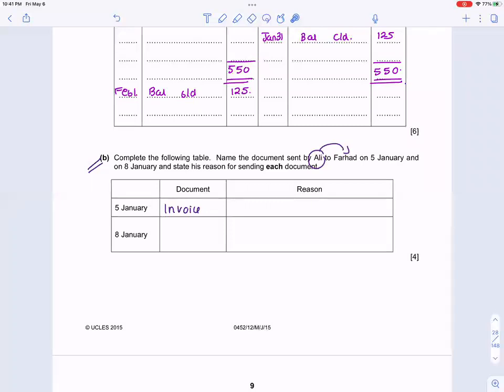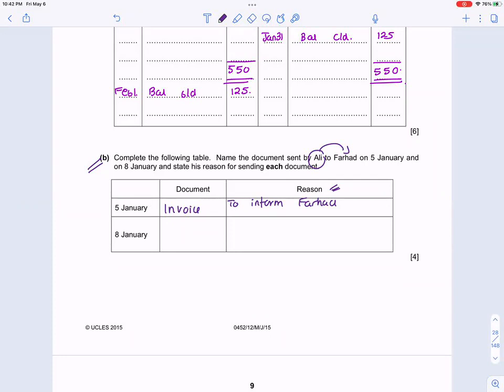Why do you give an invoice to anybody? To make sure that the person pays you the money. If you have sold goods on credit, what do you want to prove by giving an invoice? So you issue an invoice as proof that Farhad has bought so many goods and he has to pay you this much money and he has not paid.